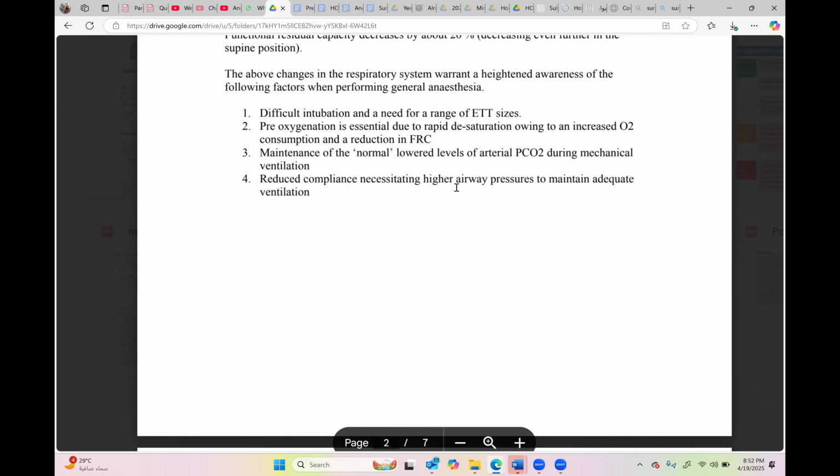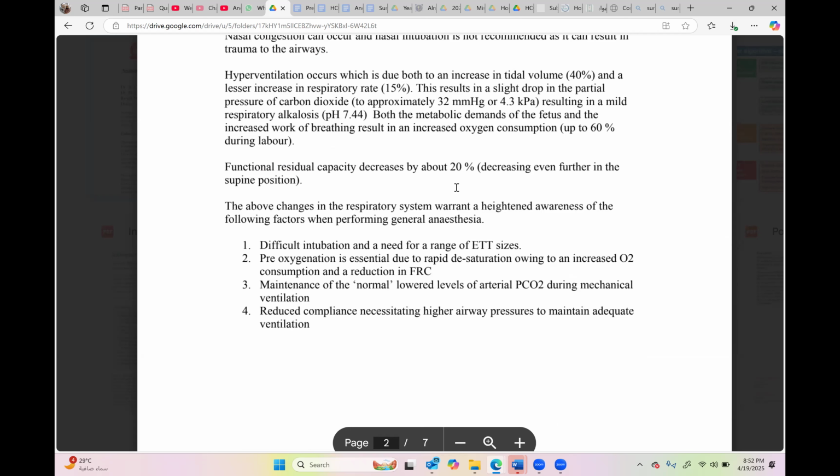Now to summarize, as I told you: difficult intubation and need of a range of endotracheal tube sizes, including smaller tubes. FRC decreases, and arterial PCO2 levels are lowered, so you have to maintain them during mechanical ventilation. Reduced compliance necessitates high airway pressures.